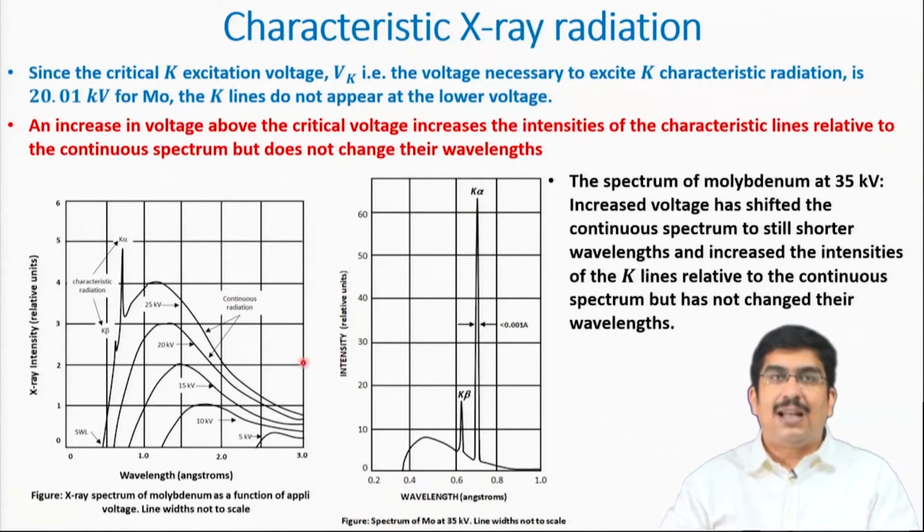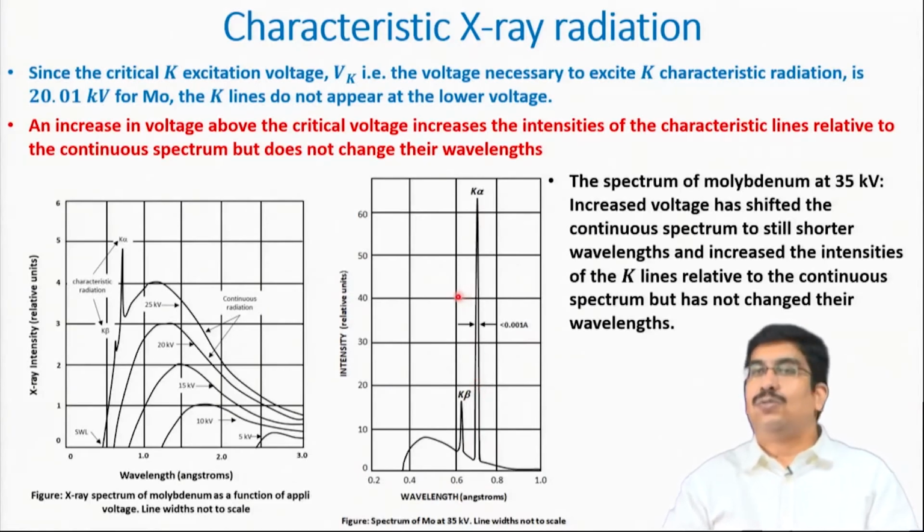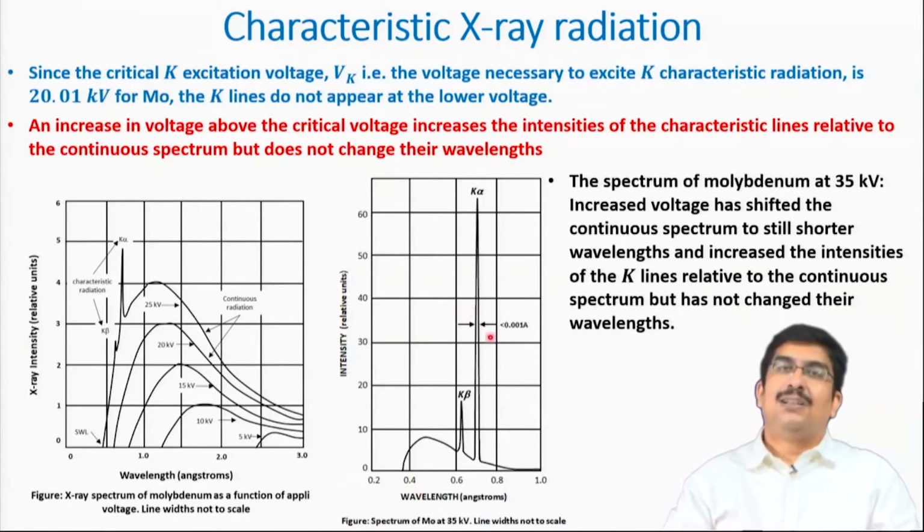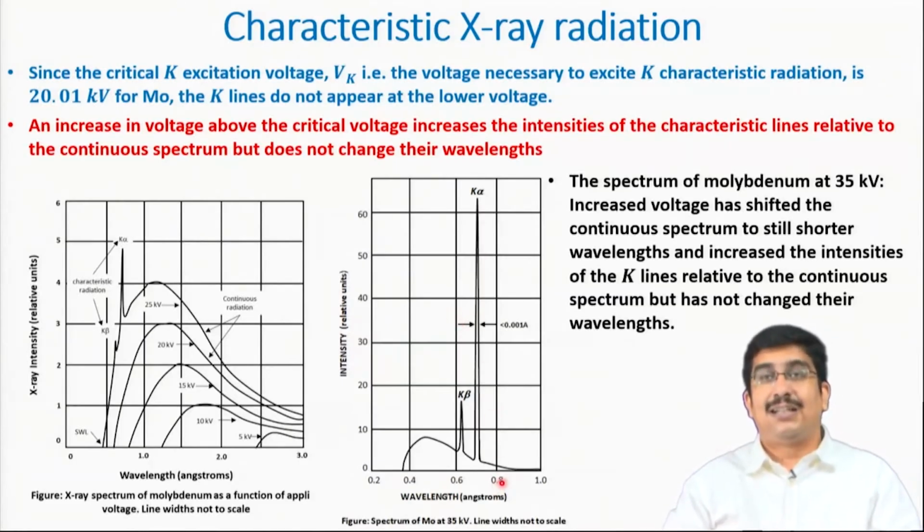On top of that, the characteristic X-ray intensity will also increase if we increase the acceleration voltage, and that is what is shown here. You can see that both the K alpha and K beta now become much more intense when I increase the acceleration voltage to 35 kV. If we increase it further, the same thing will happen. The K alpha and K beta intensity will keep on increasing, but their position will not change.